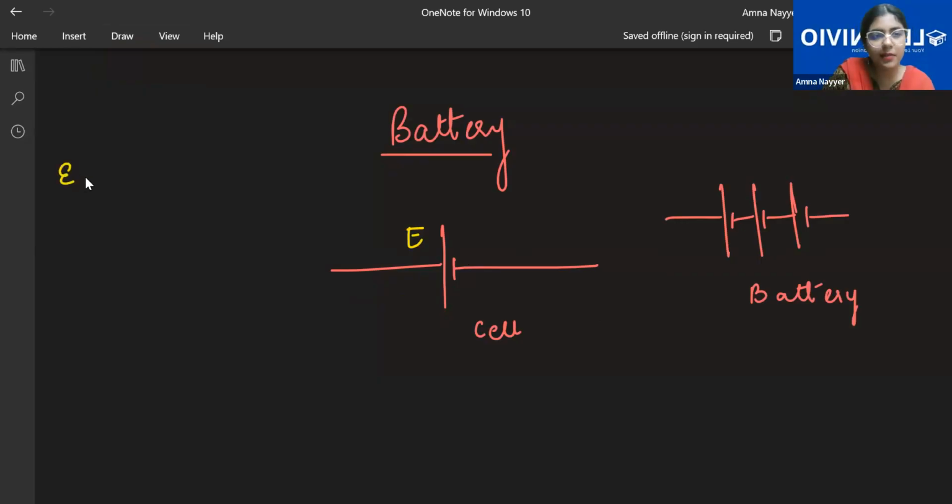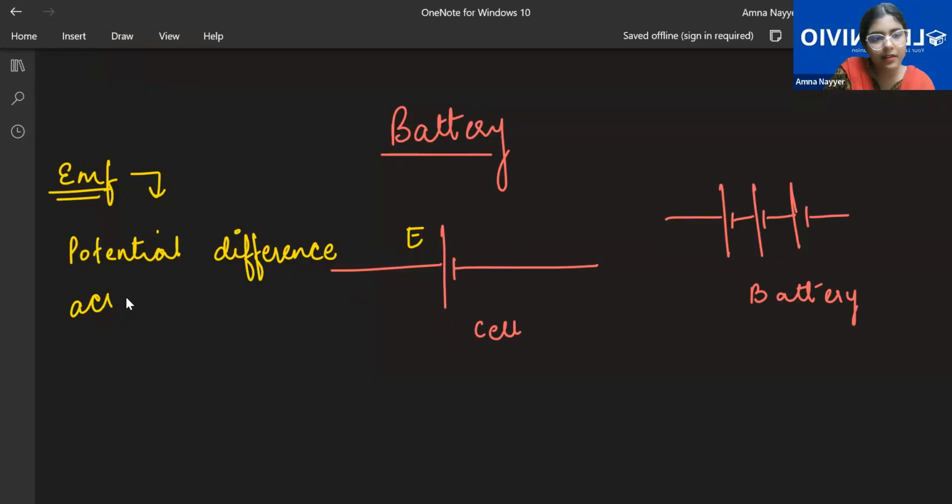Now, what is the EMF of the cell exactly? We have already studied about the EMF. It's the potential difference across the battery. But how is it different from the actual potential difference that we have for a circuit?